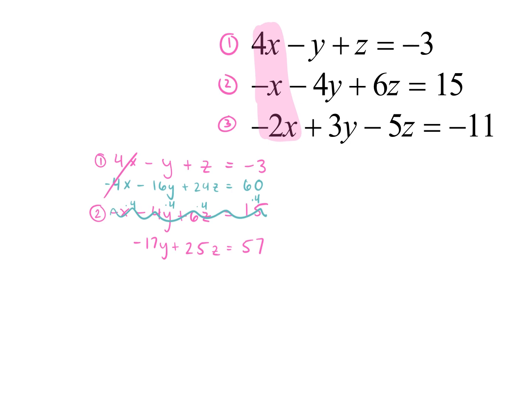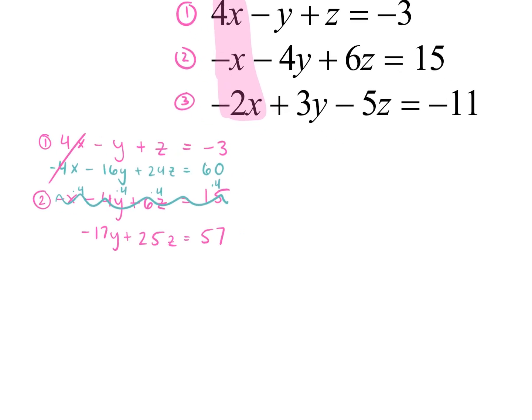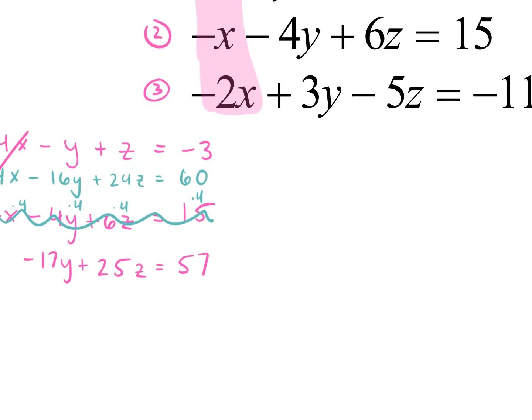What should we do next? Get rid of x for the second equation. Awesome. Let's combine two other ones, but we still have to get rid of x. So we can combine the second and third equation now. So 2 and 3. 2 would be negative x minus 4y plus 6z is equal to 15.